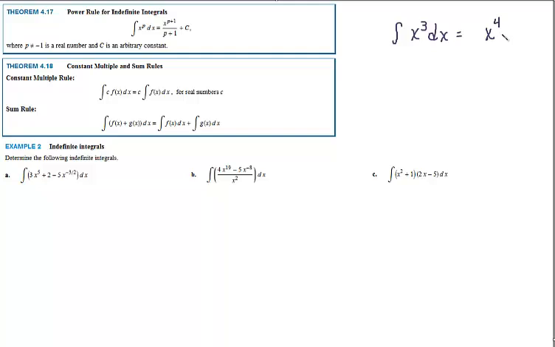And when I went to take the derivative, that 4 should have come down, but there's not a 4 sitting out here. So if I put a 1/4 in front of there, that 4 comes down, then there would be a 1 here. That's what this is about. It just tells you to be careful of your constant that's coming out front.